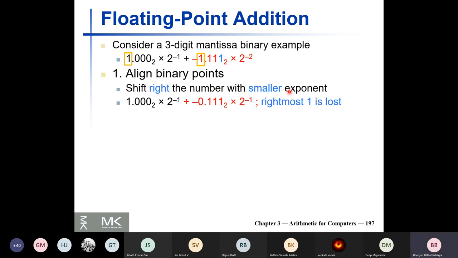Shift right the number with the smaller exponent. Now, as you see, I have 4 ones, but as I shift, my universe comprises three digit mantissa. So the rightmost bit, this blue one, is lost. Keep in mind that this bit is lost when I shift it.